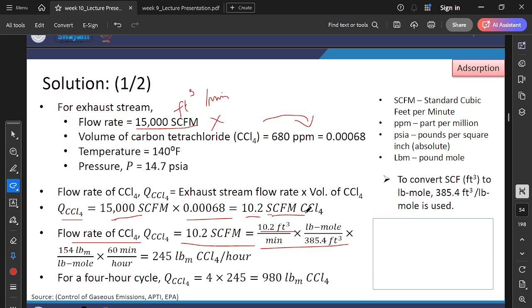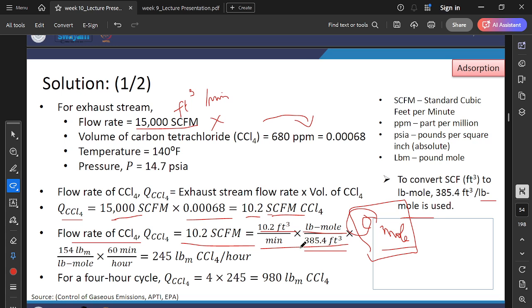I want to convert that into moles, because only then can I get the carbon's moles. Everything is easier in moles, because the molecular weight changes for each pollutant. So 10.2 is my flow rate for the pollutant CCl4, carbon tetrachloride. I multiply by 385.4, the conversion factor to convert feet cube into pounds per mole.